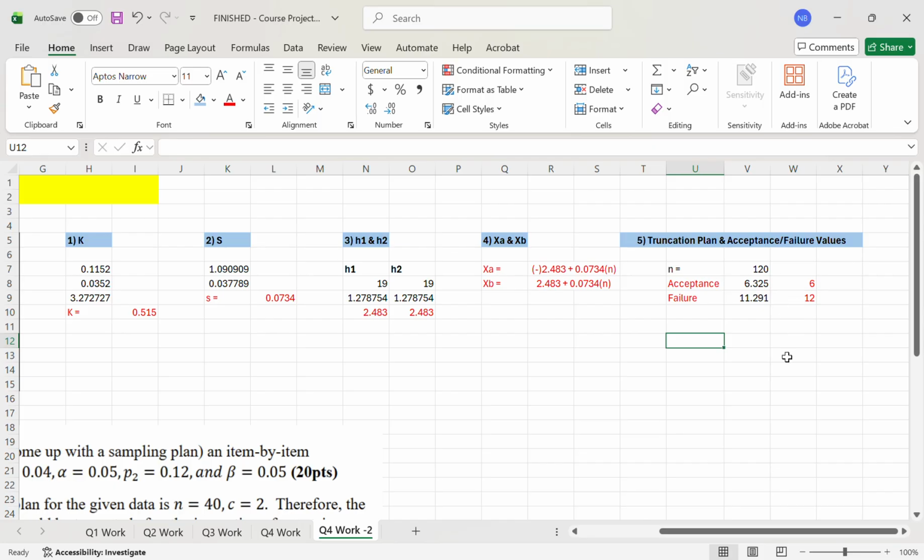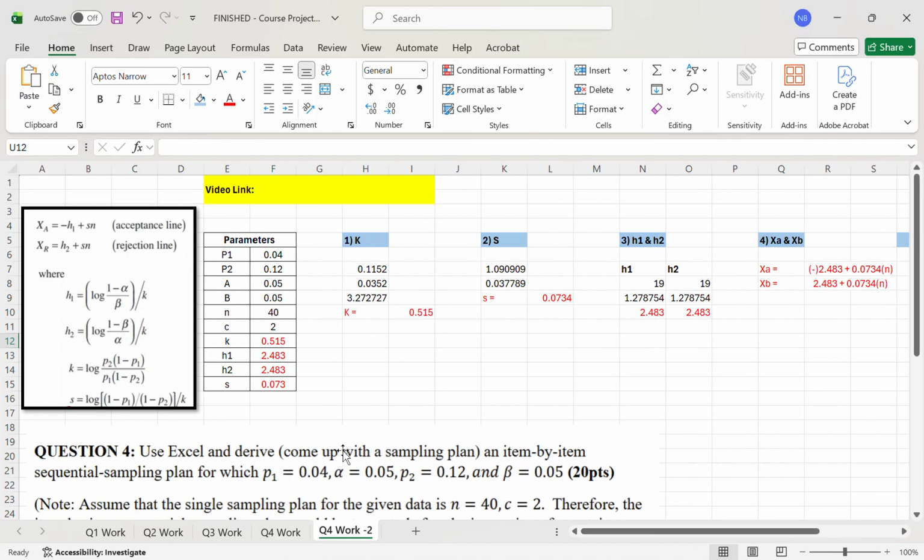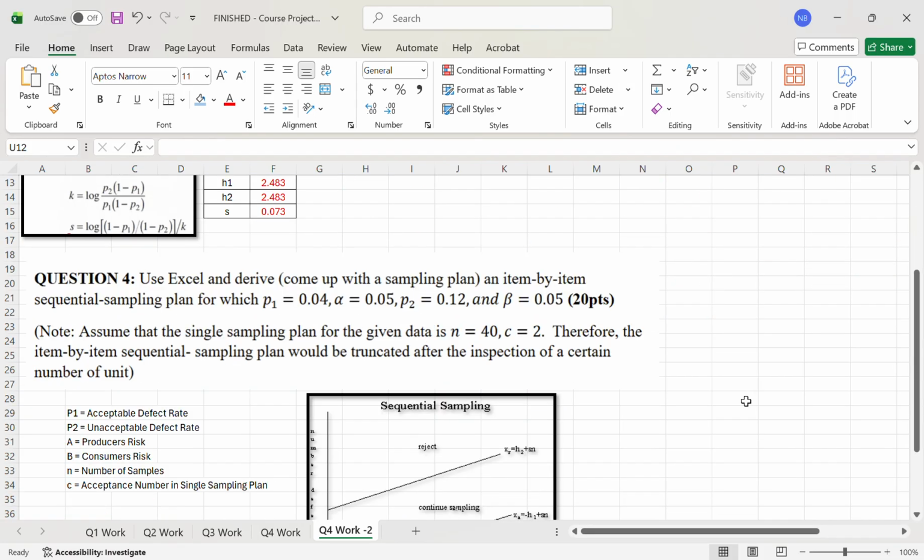That means we would accept the lot. We would accept that shipment, or we'd accept that manufacturing group, correct? Now say we get to 120 samples, and we have 12 or more defects, right? Then we would reject that lot, we would reject that shipment, or that manufacturing group. So that is my item by item sequential sampling plan for the data given in question 4.